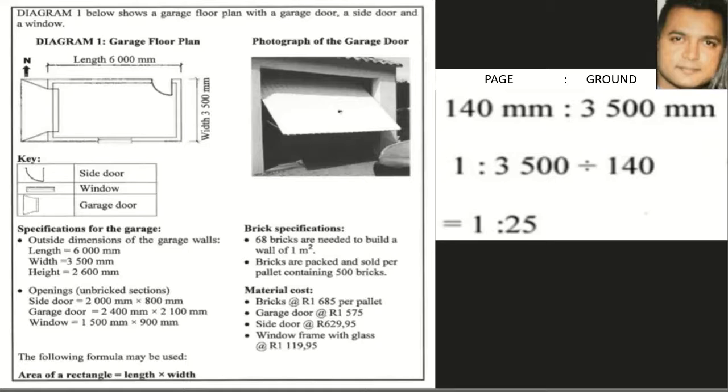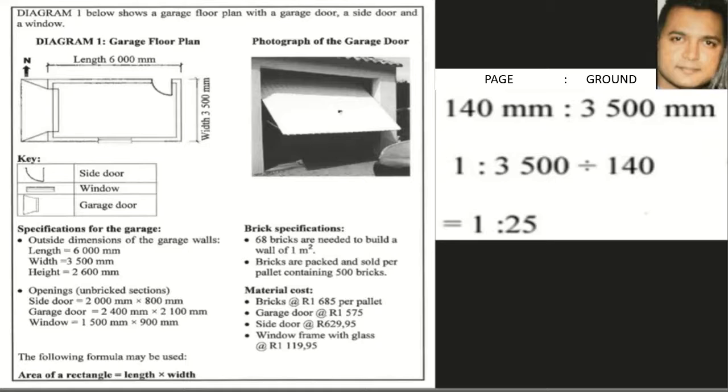Now they mentioned that the width is the 140 millimeter, but we know that the width, another name for it is breadth. So we know on our drawing the breadth has been given to us, and we can see it's 3500 millimeters. So we can just put down 140, which is our page amount, is to the 3500, which is our actual amount on the ground. So we notice that this is how a scale is written.